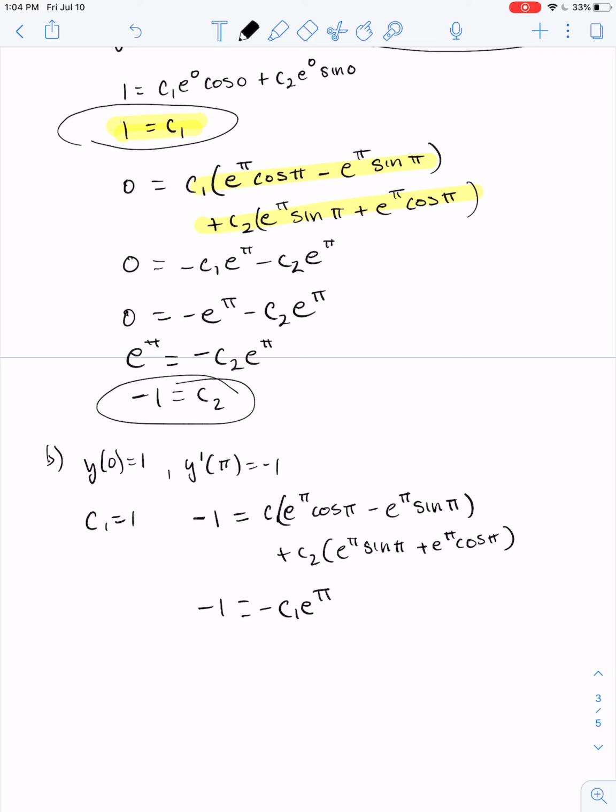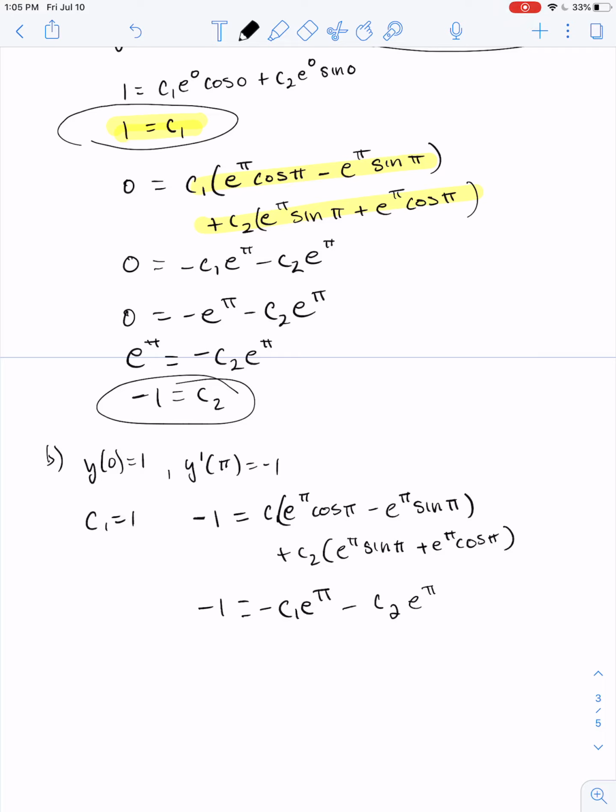And then here, you're going to get 0, right? So you have plus C2, that's 0, plus, cosine pi is -1, so you have, again, another negative. So negative e to the pi like that.